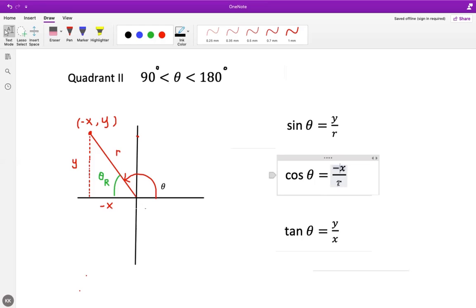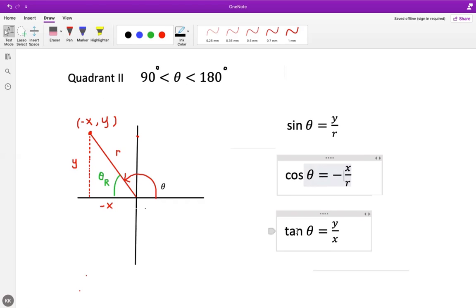So I know that the radius is always positive. So we have negative divided by positive, and we got a negative cosine theta when the angle theta is between 90 and 180 degrees. Okay, so that's why we got a negative cosine value for a quadrant 2 angle.